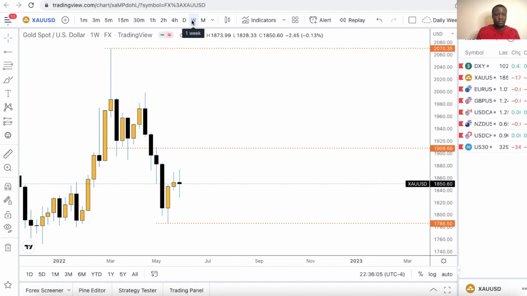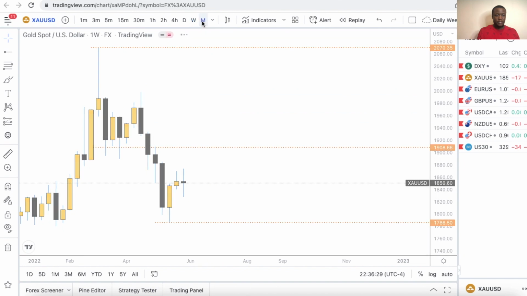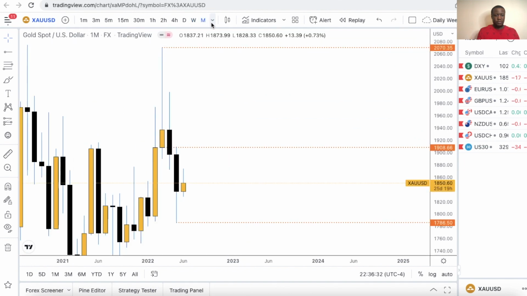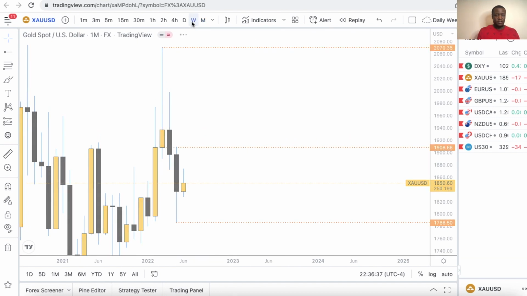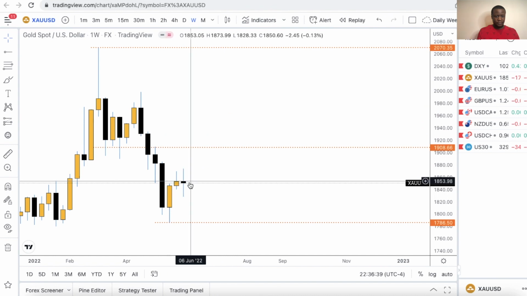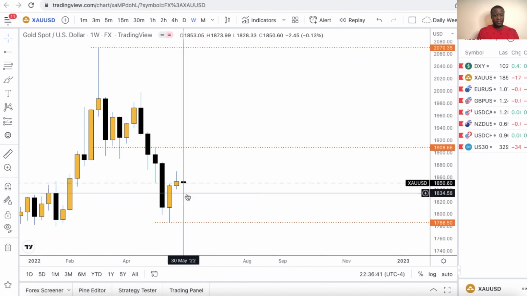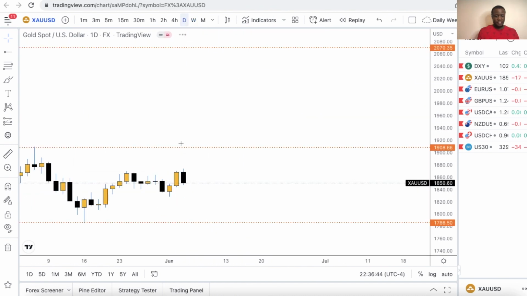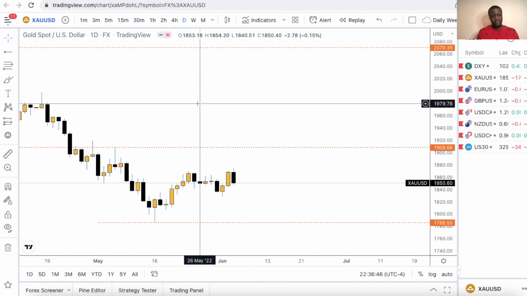So this W will be weekly, daily, 4 hour, 2 hour, 1 hour, 30 minutes, 15 minutes, 5 minutes, 3 minutes, and 1 minute. Just to let you guys know what these time frames mean. A monthly candle will be just one candle. You already know how many days are in a month. The weekly, how many days in a week. The days, same thing, just going down.